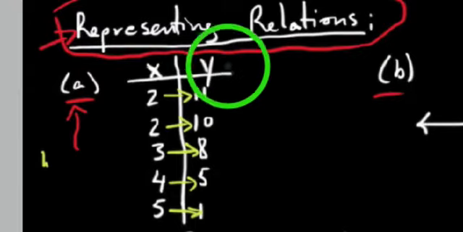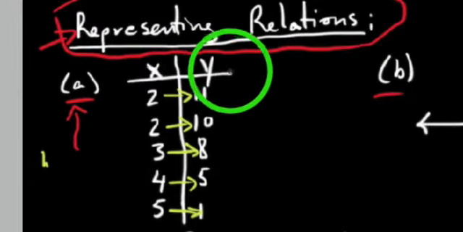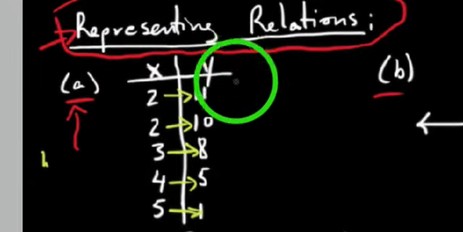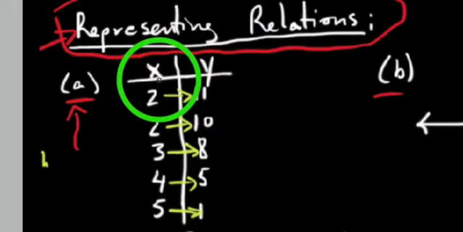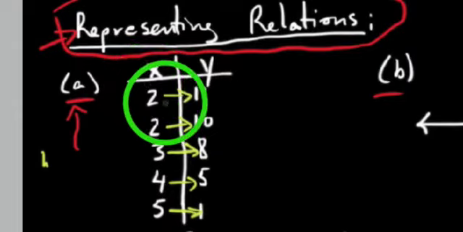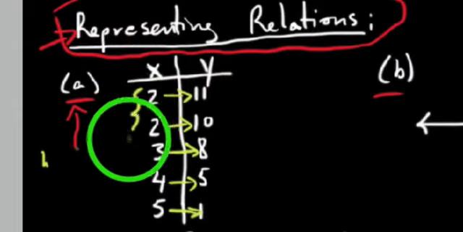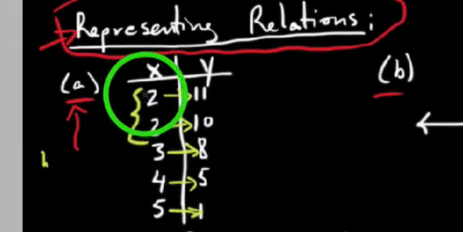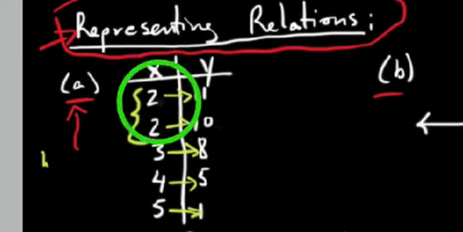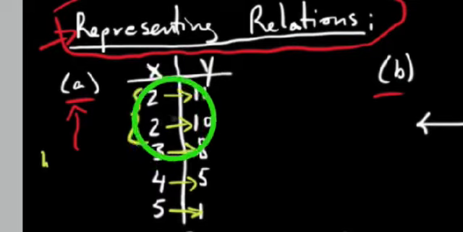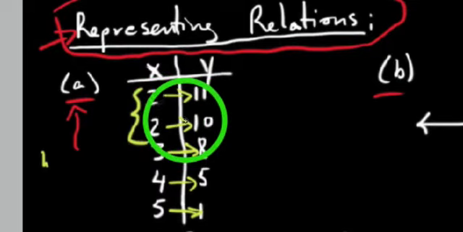So first things first, we are able to represent a relation using a table. Get used to this notation, but we can do this, okay? This is something we're already familiar with. But you might be thinking to yourself, okay, so is this one-to-one? You'll notice that 2 mapped onto 11. So we had an input map onto an output here, 2 to 11, but we also had the same input map onto another output, okay?